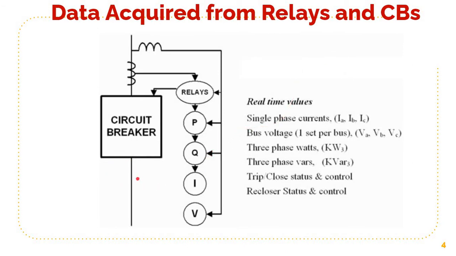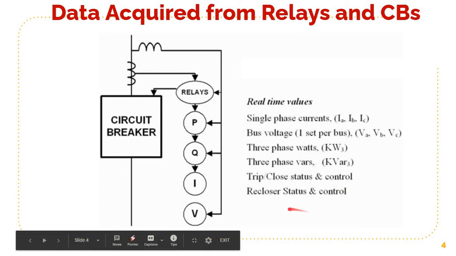You can see this picture. The output of the relay goes to the circuit breaker and operates the circuit breaker, and we get real-time values of single phase currents, the phases IA, IB and IC, then bus voltage VA, VB and VC, three-phase watts, we can say kW, three-phase VARs, kVAR, then trip close status and control, and reclosure status and control.